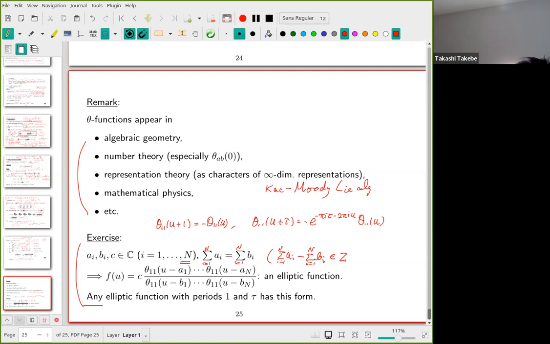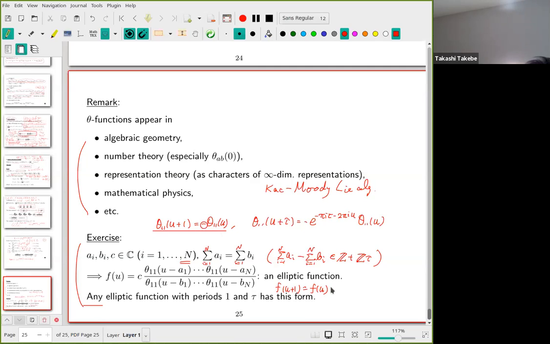This is a sum of integer plus integer times tau. Then it's easy to check that f of u plus 1 is f of u. And because of this, we have n minuses. Here, from here, also we get n minuses, so they cancel.